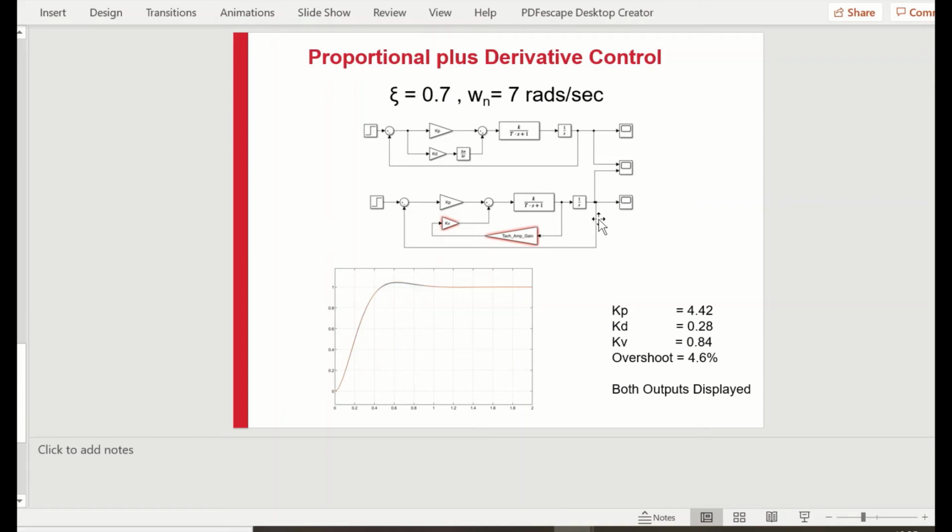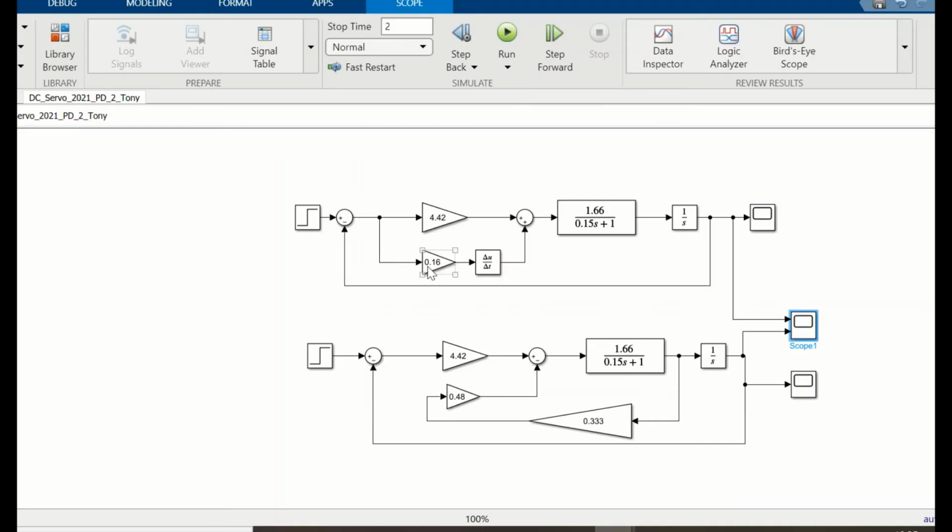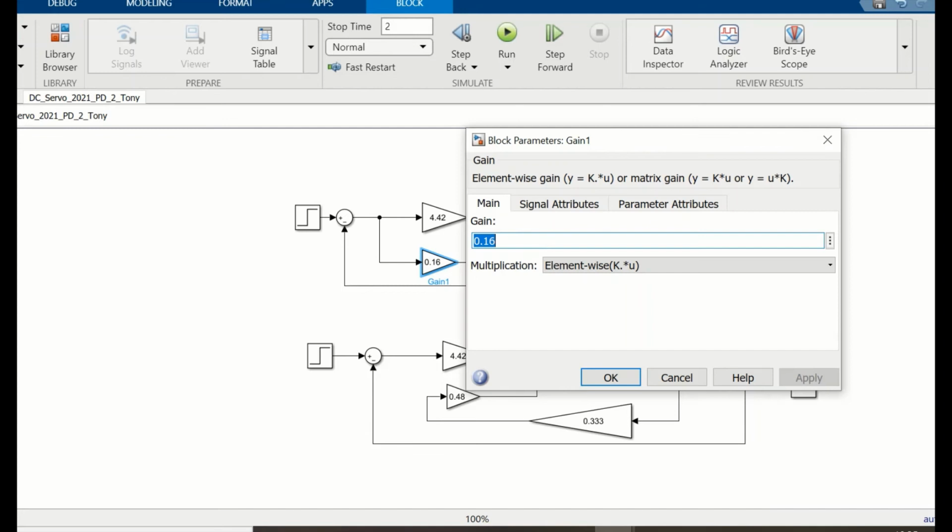So this time KD goes up to 0.28, and therefore KV goes up to 0.84. So these are the new gains. Remember, KP is constant for this because of our chosen omega n is 7. That sets the KP. It's quite handy. So go back to this one now, and we change this now to 0.28.